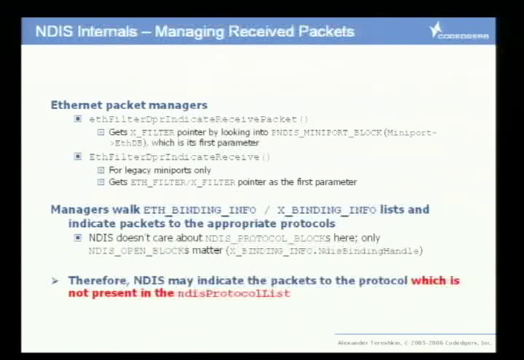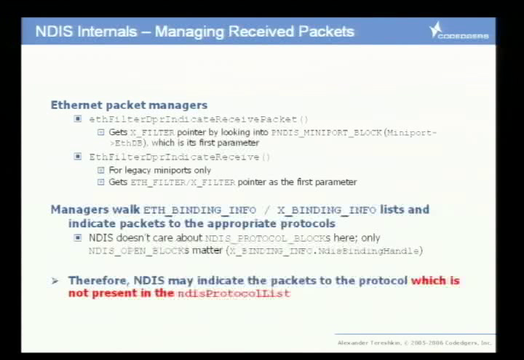And then the packet managers will walk the ETH binding info list, and you see that this doesn't care about these protocol blocks here at all. Therefore, this may indicate packets to a protocol which is not present in this protocol list. So it may be just excluded from this list after registration.